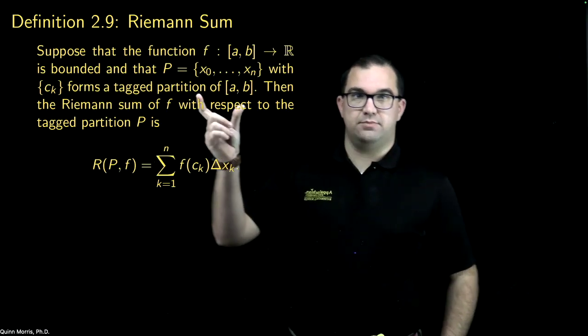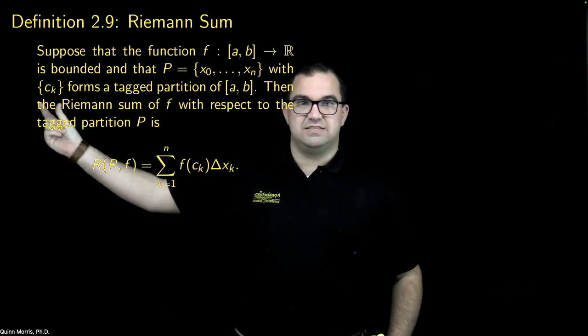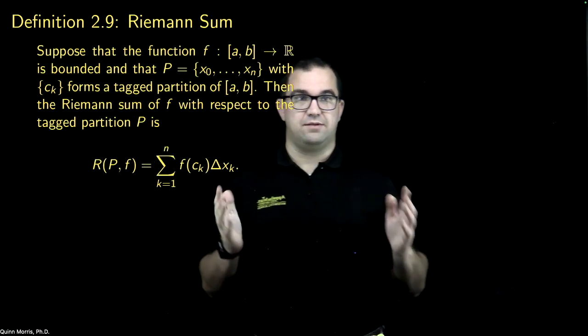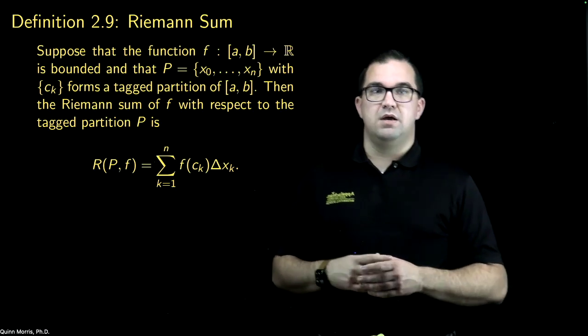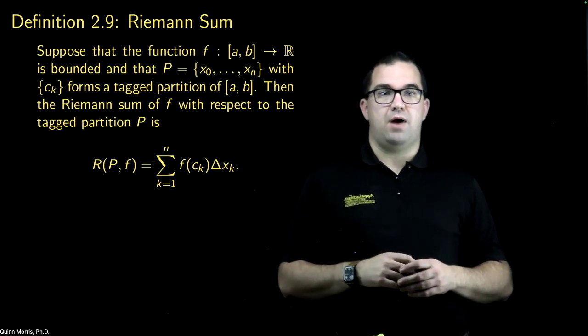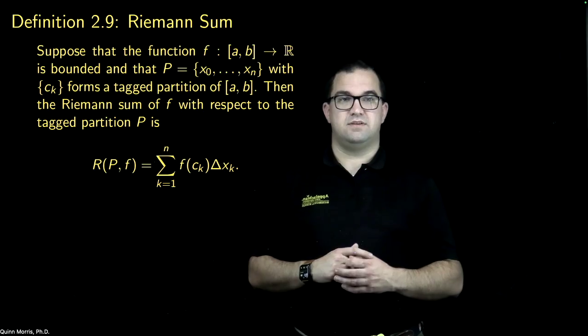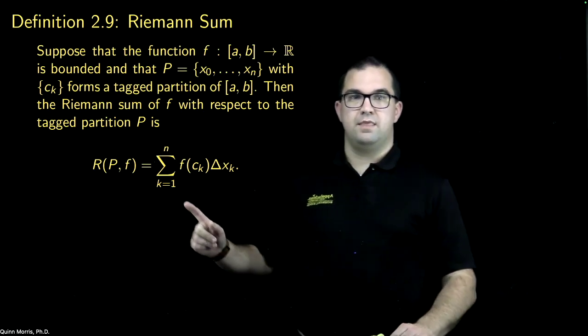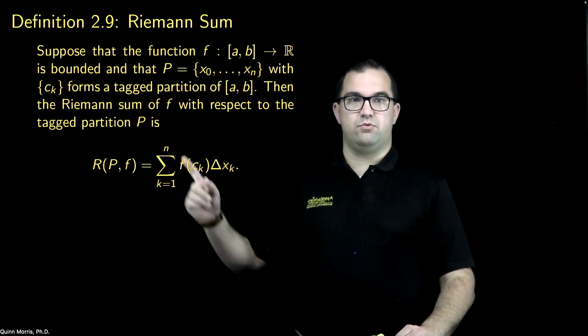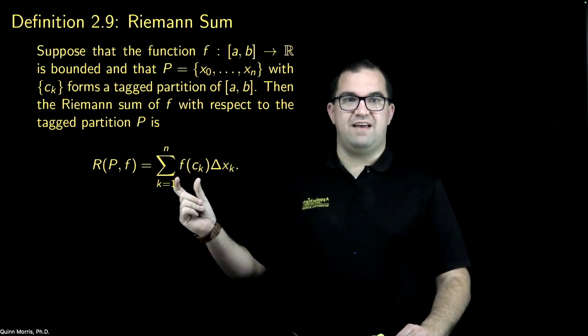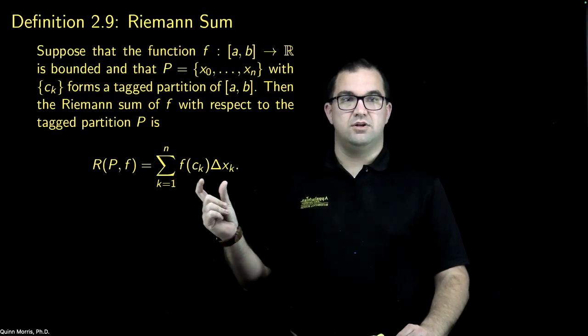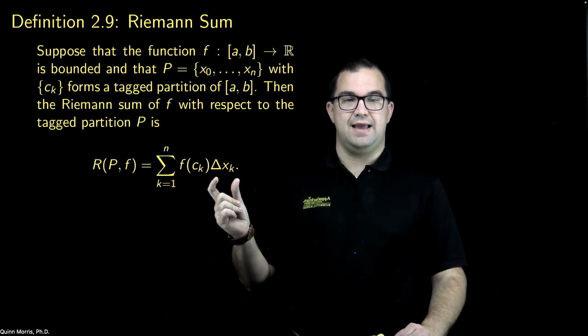So you have partition P together with a set of tags c_k, and that forms a tagged partition of [a, b]. Then we can define the Riemann sum of f with respect to this tagged partition as the sum from k equals 1 up to n of f of c_k times delta x_k.